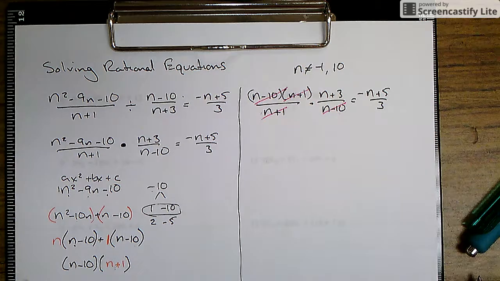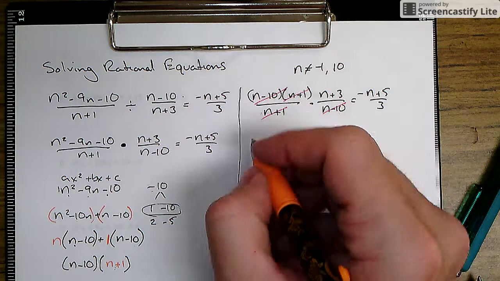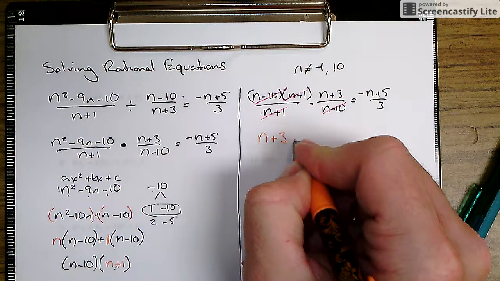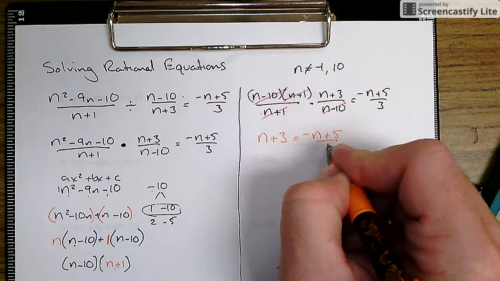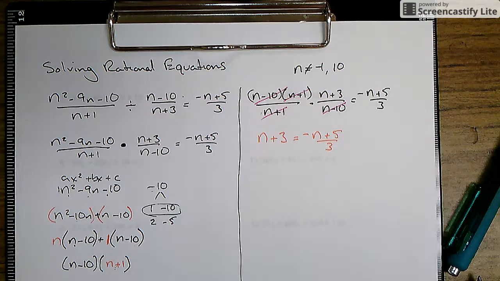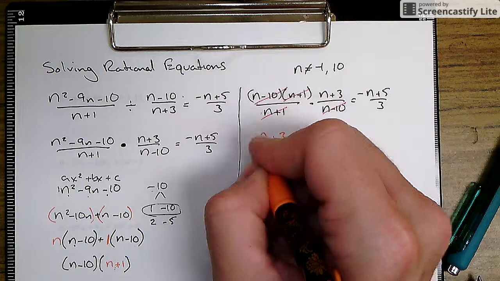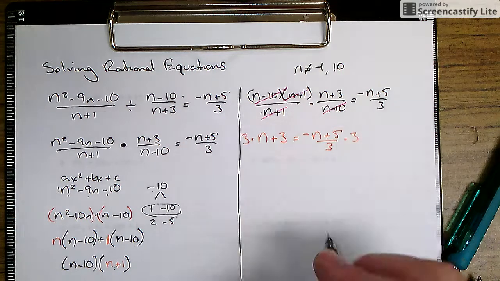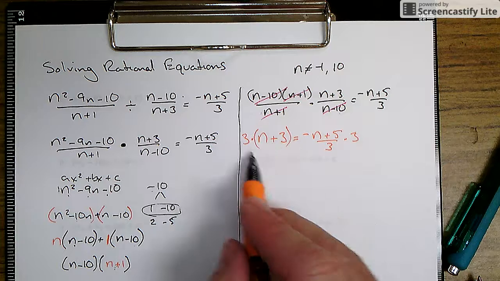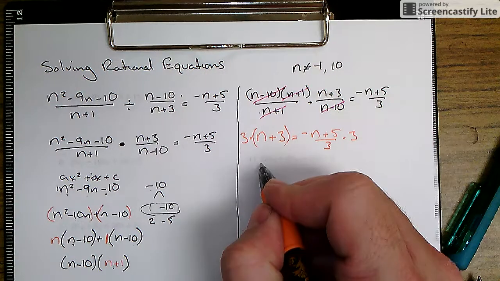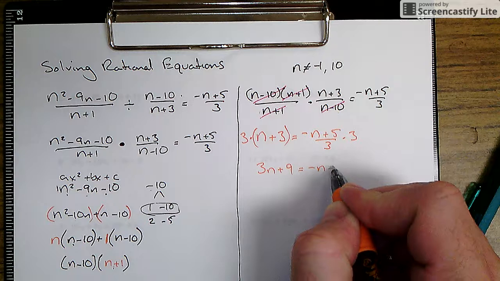So rewriting this with our canceled terms gone, I can write this as n plus 3 equals (negative n plus 5) divided by 3. Now to solve, I simply multiply both sides by 3 to get rid of that denominator. Remember to distribute because we're multiplying this entire side by 3. So I get 3n plus 9 equals negative n plus 5.